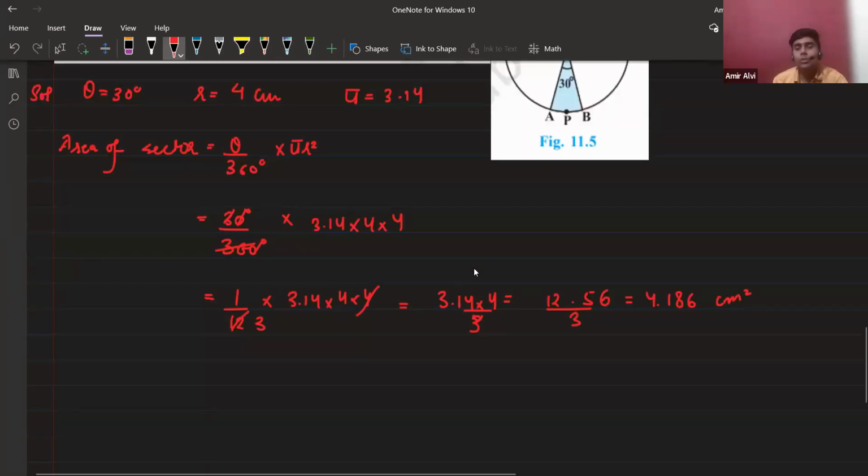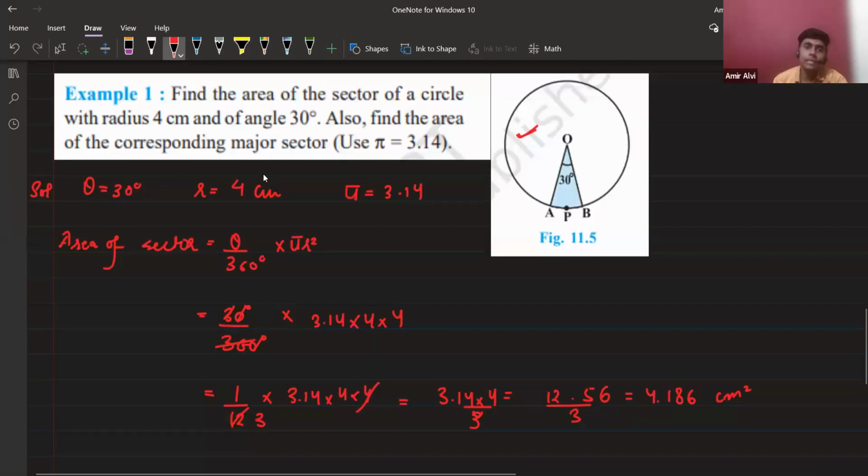Now we need to calculate the value of the major sector. If I need to calculate the major sector, I have the total. I will calculate the area of circle and subtract the minor sector. Or you can also use the area of sector formula: 30 is there, so it will be 330, so 330 by 360 into pi r square. Same thing.